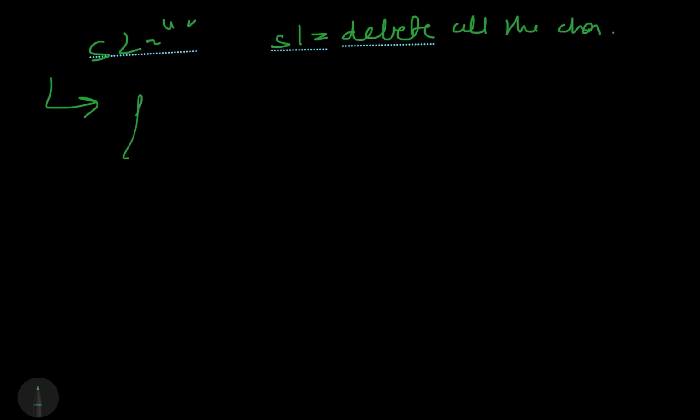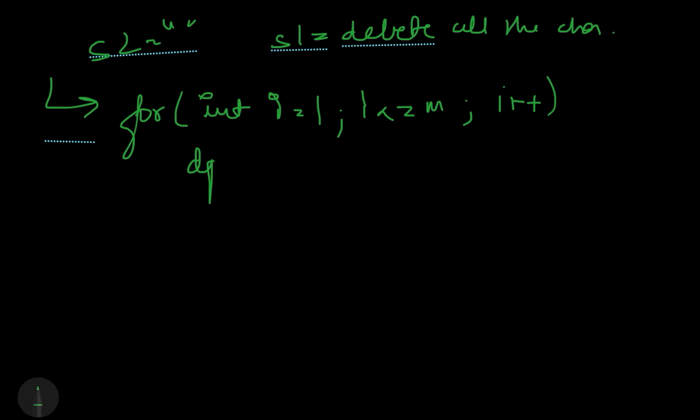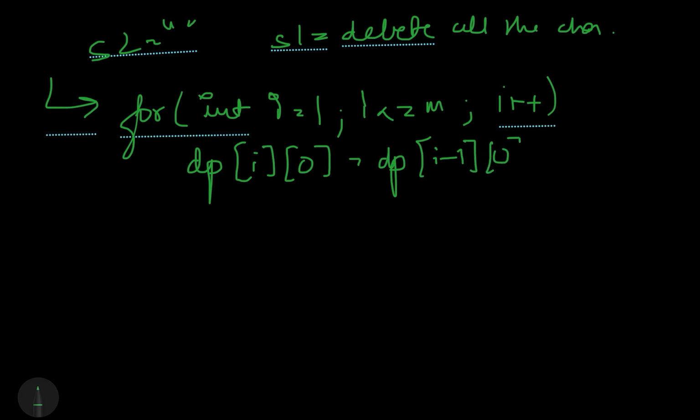We'll run a loop for i equal to 1, i less than or equal to m, i plus plus: dp of i and 0 is equal to dp of i minus 1 and 0 plus s1 of i minus 1. And hence we'll get the sum of all the ASCII values of the deleted characters.